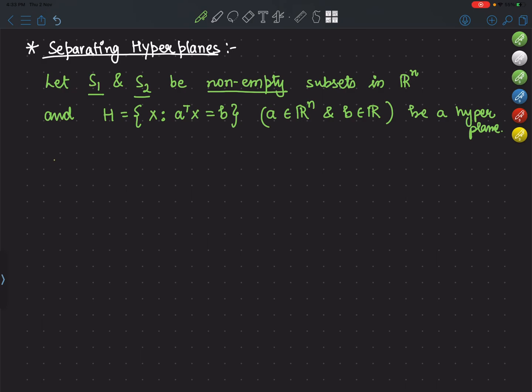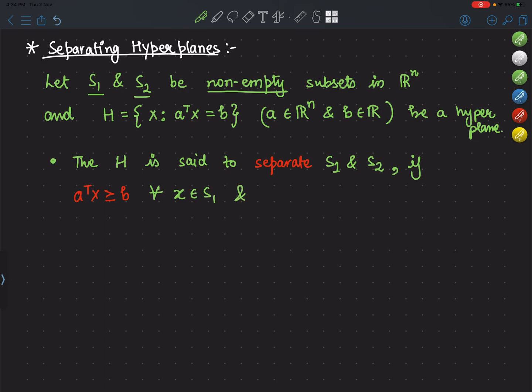So let's say S1 and S2 are two non-empty subsets of Rn, and H be a hyperplane. Then the hyperplane H is said to separate S1 and S2 if A transpose X is greater than or equal to B for all X belonging to S1, and A transpose X is less than or equal to B for all X belonging to S2.